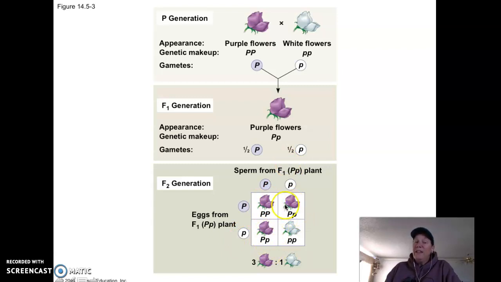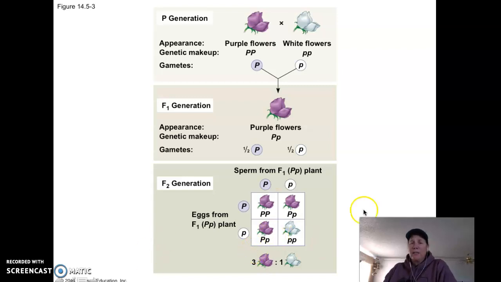Their phenotype is purple, but their genotype is big P, little p. They have a dominant and a recessive. And then you see right here, one of them is going to get a little p for both, and it's going to have the recessive trait. That's where you get the 3-to-1 combo, and that's what Mendel saw in all of his pea plants, 3-to-1, no matter what trait he was investigating.